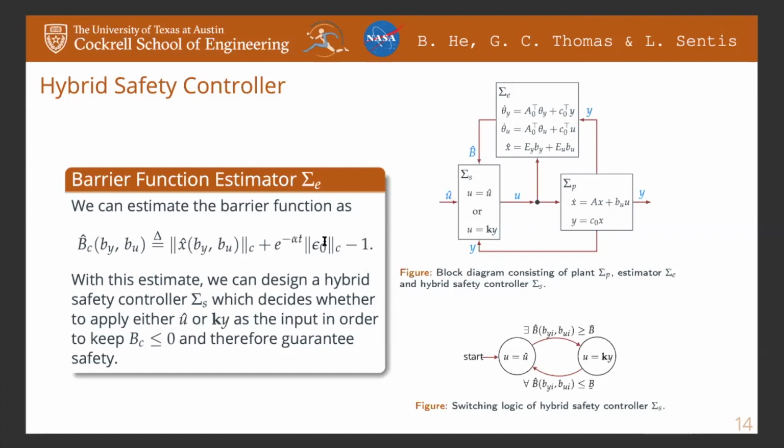If we have an arbitrary input U hat, which caused the upper bound of the estimated barrier function to be higher than the threshold B bar, we will switch to the safety backup controller KY. If the upper bound of the estimated barrier function is lower than a lower threshold B underbar, we can switch back to the input U hat.